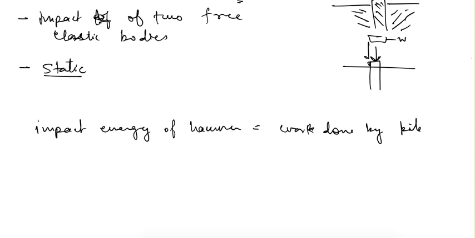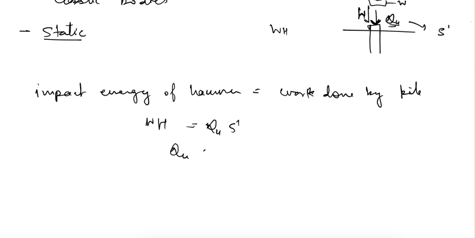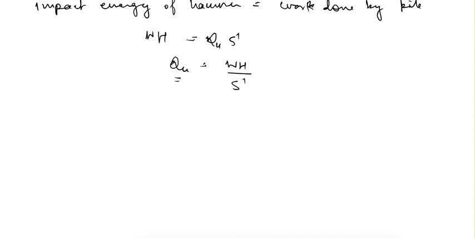Let's say this W is the weight of the hammer and H is the height of fall, then WH is the impact energy, and work done by pile, let's say QU load is being applied on this pile, and because of that there is a settlement of S dash. So that is the work done of the pile, and from here we can find out our ultimate resistance or ultimate pile load capacity as WH upon S dash. So using this basic equation, different people gave different formula.